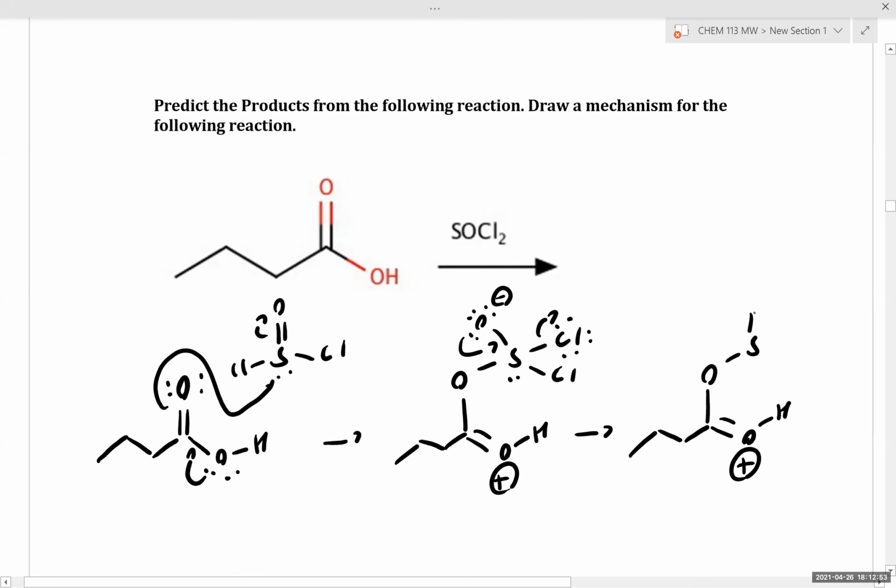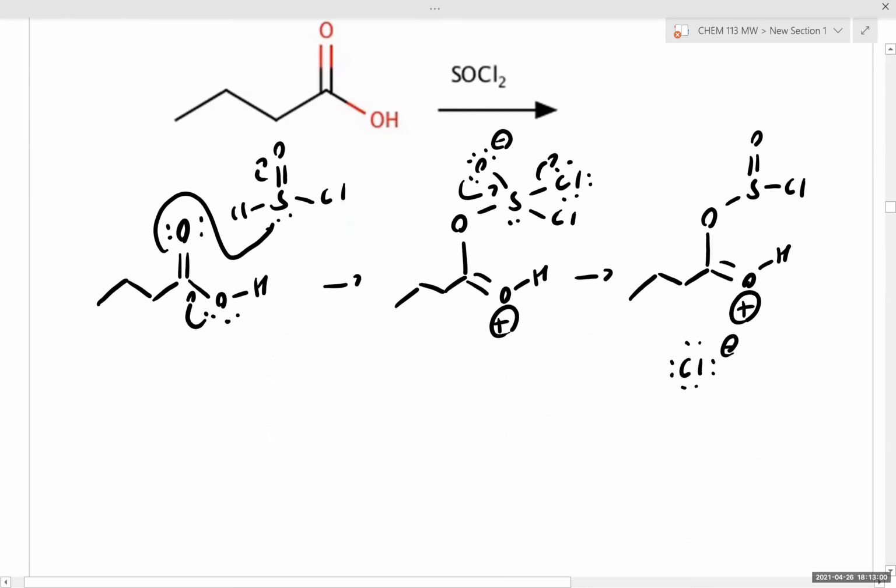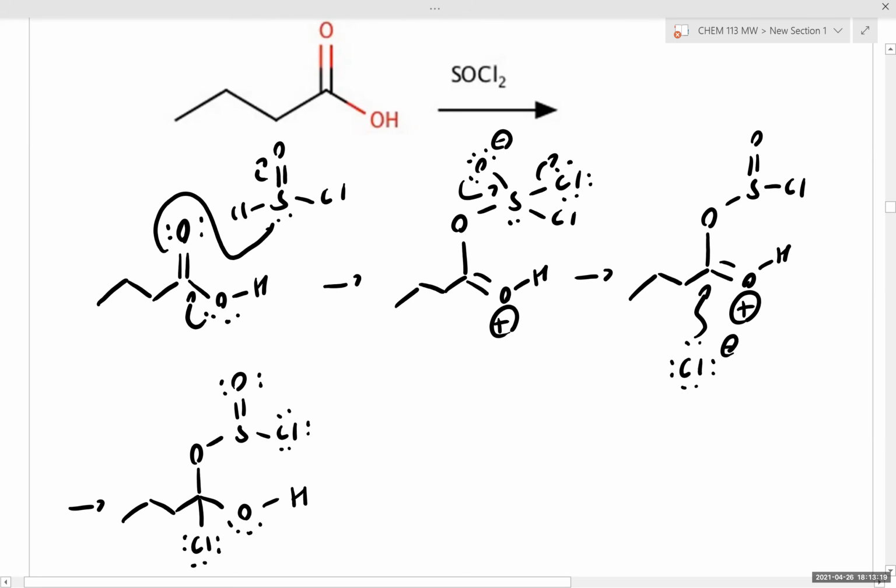Now that we have our activated carboxylic acid, an equivalent of chloride will attack the carbonyl carbon. And now we have this tetrahedral intermediate, which will collapse. Rather than kicking out chloride, we'll kick out this activated alcohol.